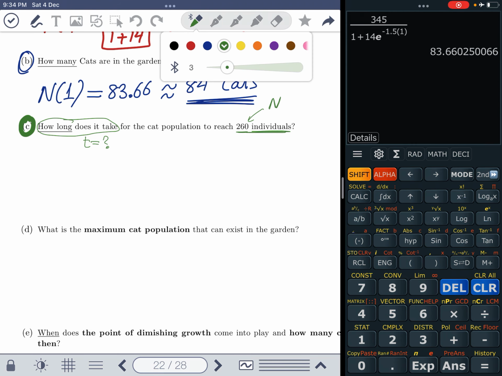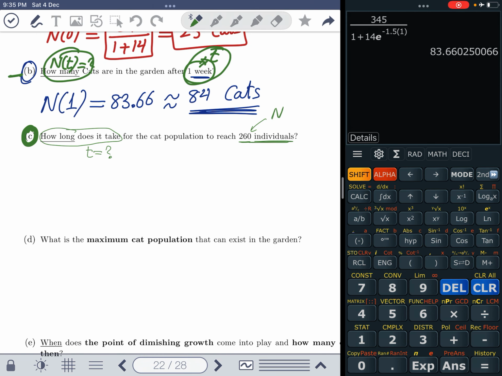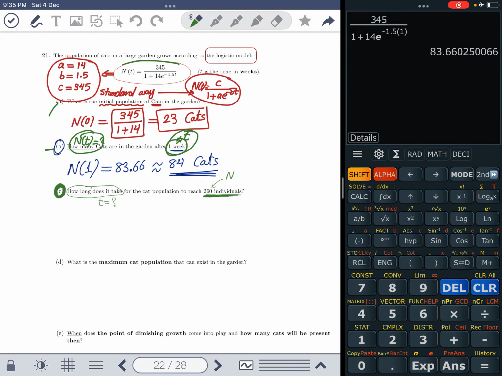Remember, in the previous questions they were giving you the time. Here t is given, and n of t is the unknown in parts A and B. But in part C, it's given to you that there are 260 cats, and they're asking how long it took for them to reach 260 if this is your formula.